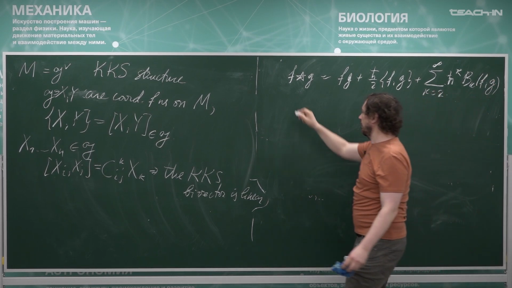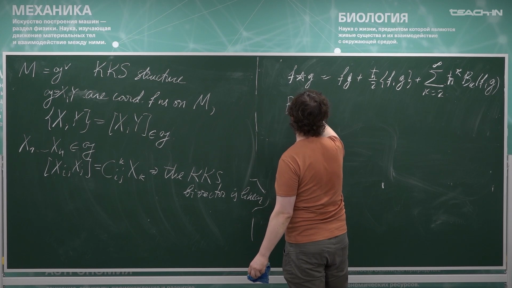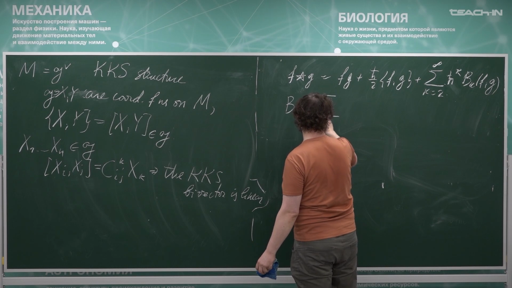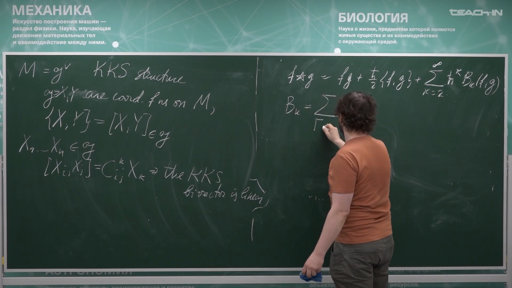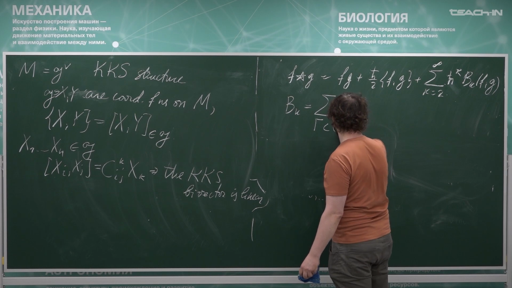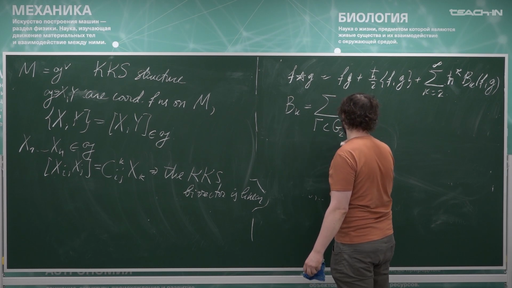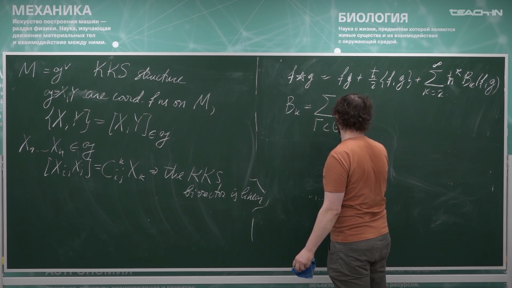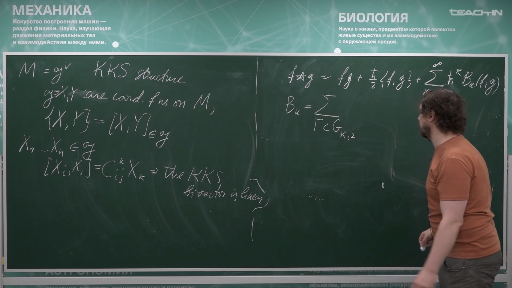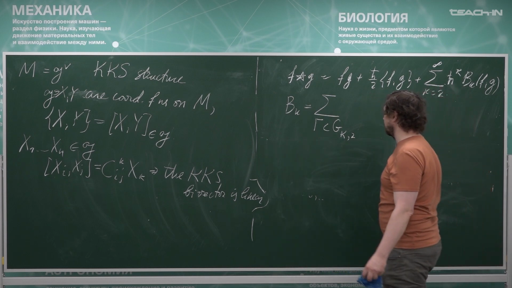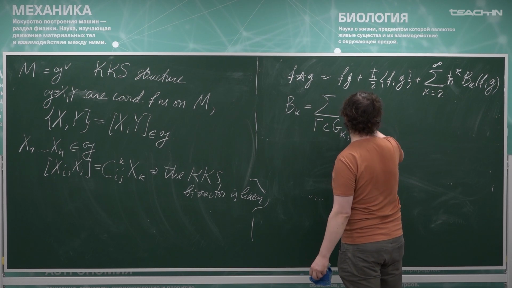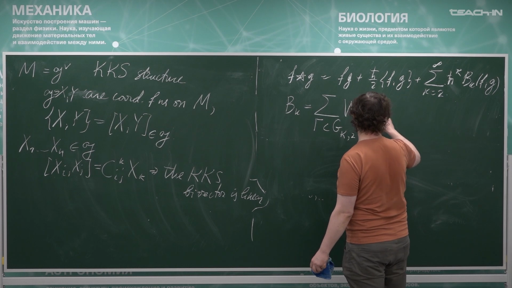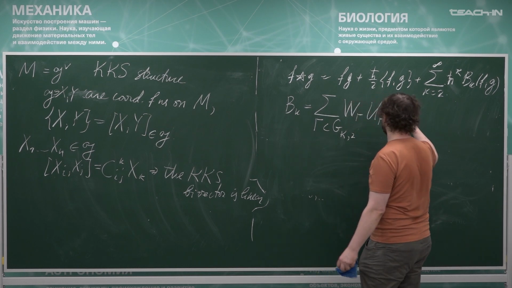And B_k is the sum of all graphs gamma which have 2 points on the boundary and k points inside the upper half plane, of the weight attributed to this graph times the operator which you attribute to the same graph.